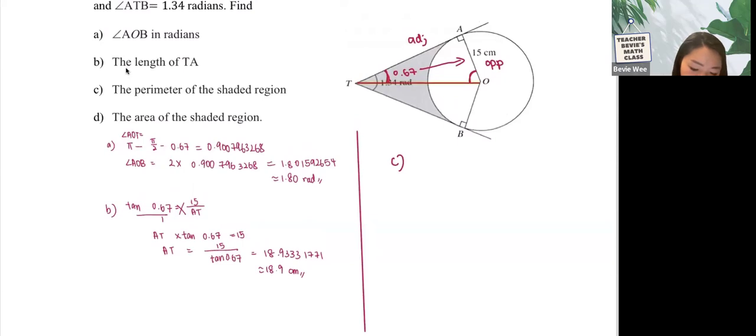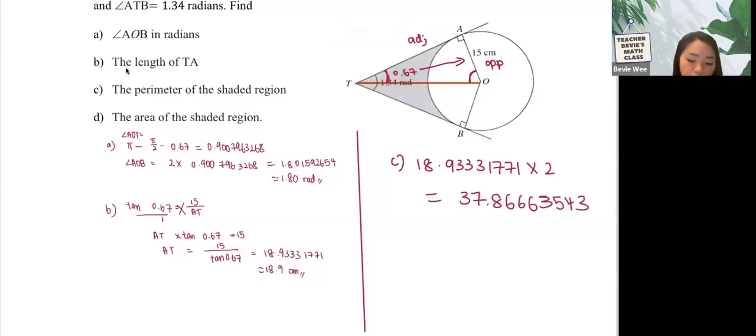AT you already get, but do not take your rounded off answer. So I need to times 2 of it because I got AT and TB. And that gives me 37.86663543. That is for your AT plus TB.